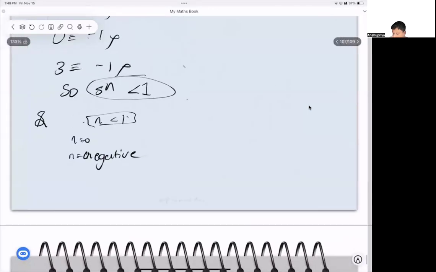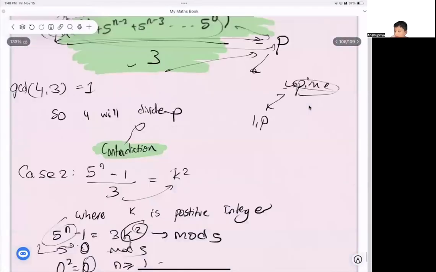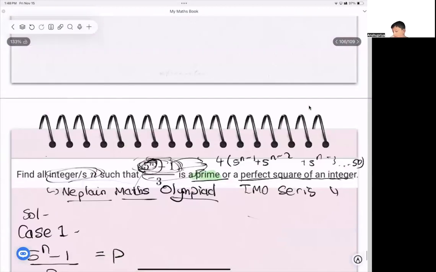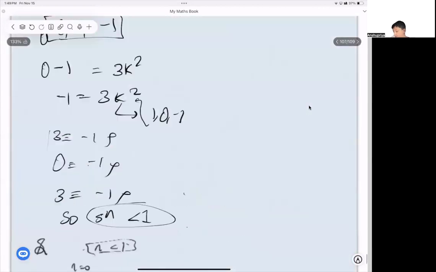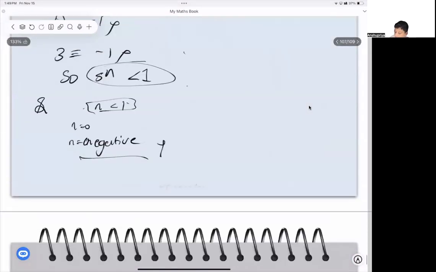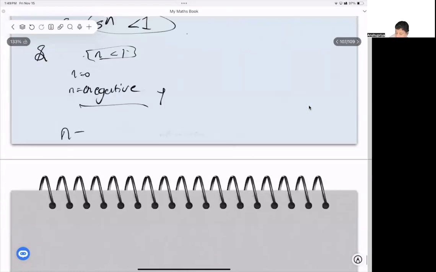If n is negative and we put it here, we'll get a fraction; a fraction minus 1 is a fraction, and a fraction upon 3 is again a fraction. So it will never be a prime, which needs to be a positive integer, or a perfect square, which also needs an integer. So n can never be negative. So n will have to be equal to 0.